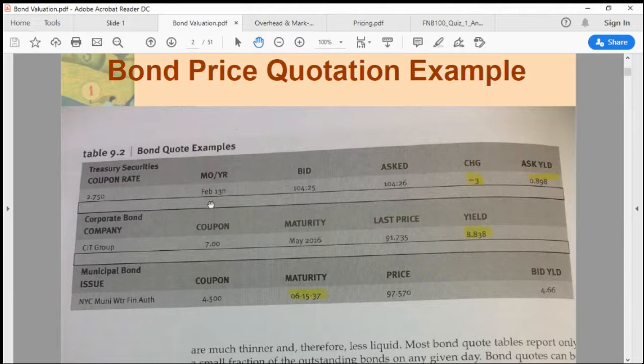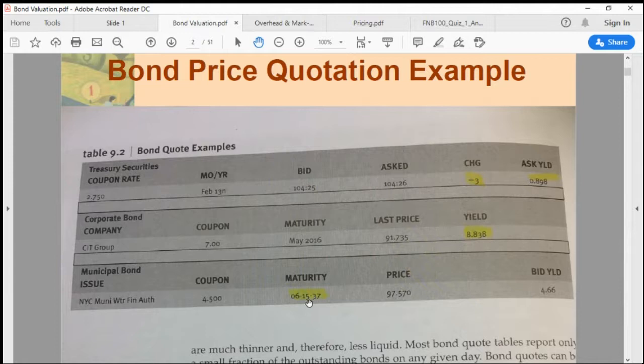And if you take a look at the maturity of this corporate bond, the maturity is May of 2016, and I told you it was around June 2010 when these examples were taken. So at that time, they still had like 6 years left on this bond. Take a look at the maturity of this municipal bond. Maturity is June 15th of 2037. And usually, municipal bonds have very long-term maturity.